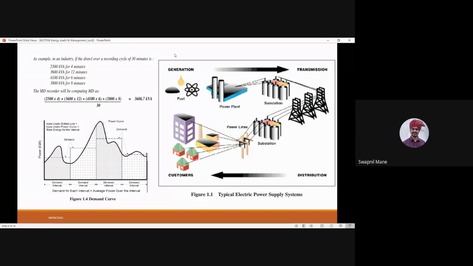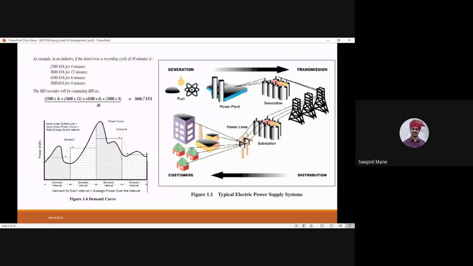As an example, in an industry, the power drawn over a recording cycle of 30 minutes is 2500 kVA for 4 minutes and 3600 kVA for 12 minutes. See, the term kVA, kilovolt ampere, is equal to kilowatt.